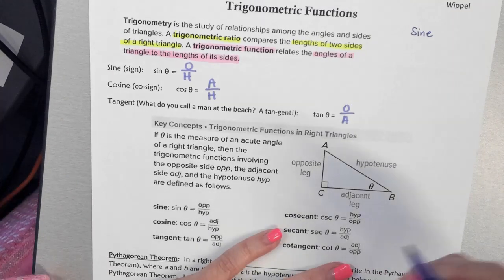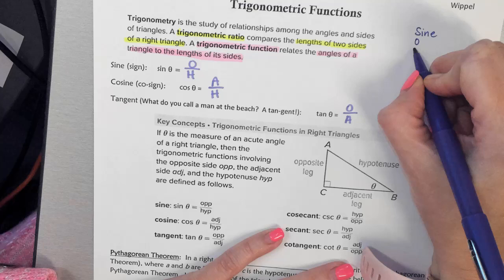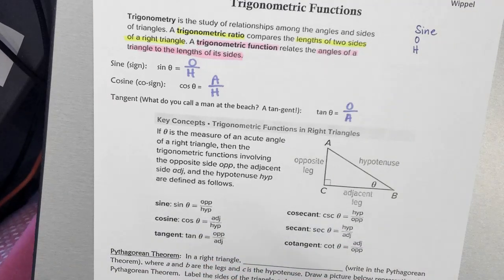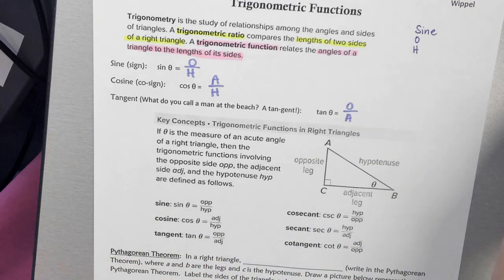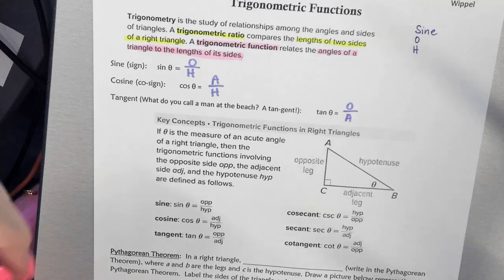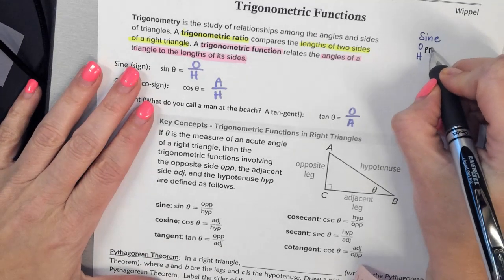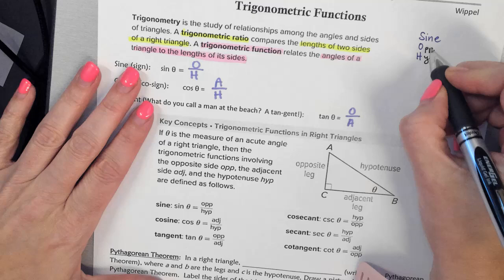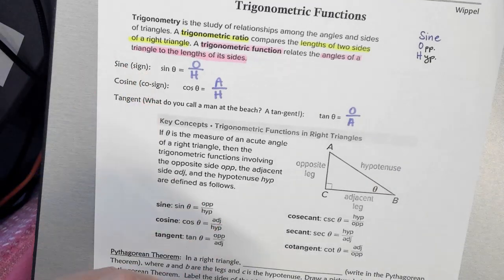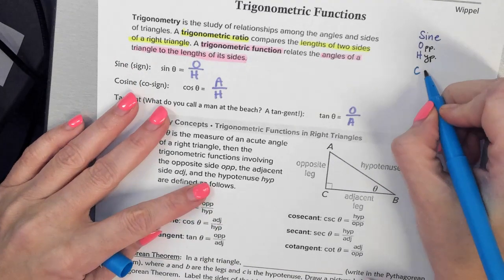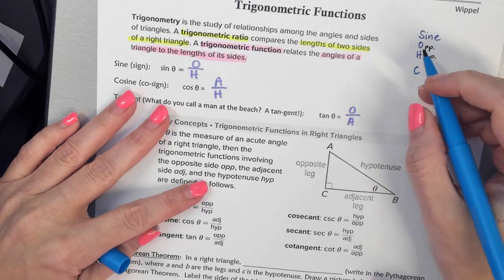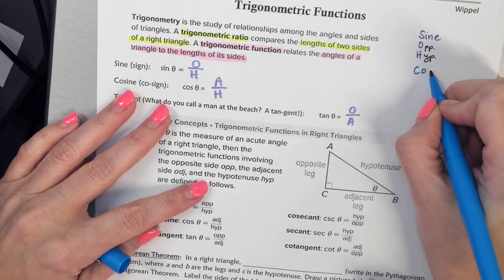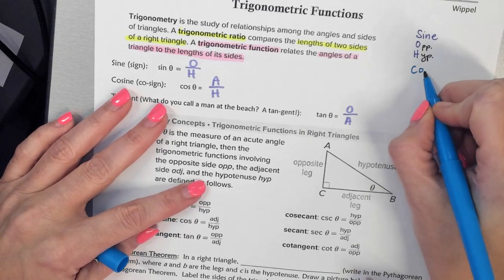Okay, so the sine is part of your SOHCAHTOA. The sine is the opposite side over the hypotenuse. That's what makes the SO in the SOHCAHTOA. The ka, which I always think of as the Boston accent, right? Go past the ka.